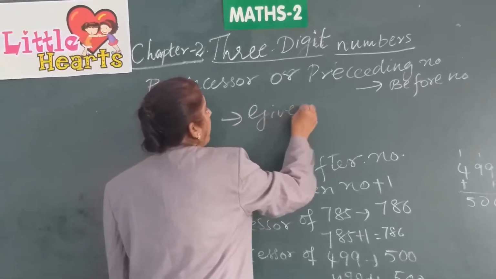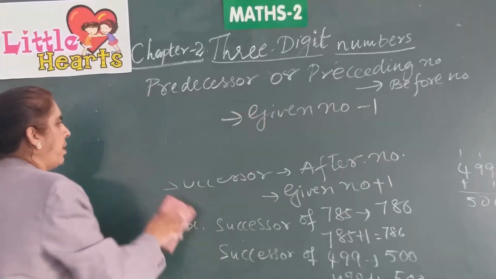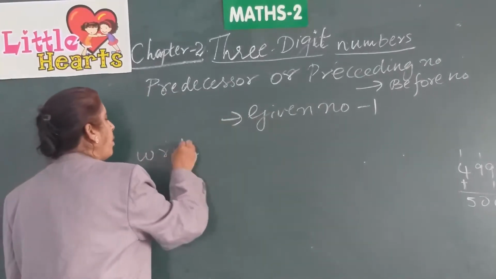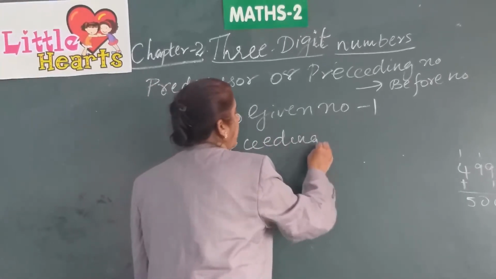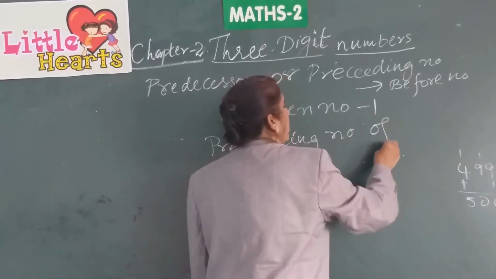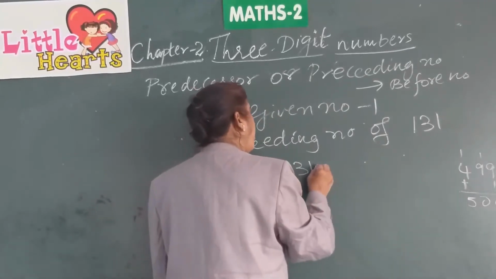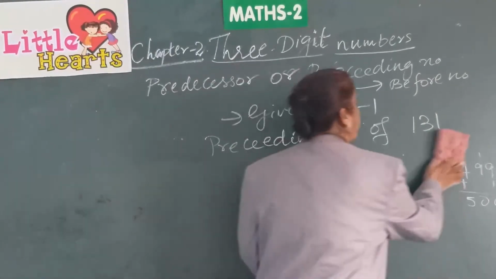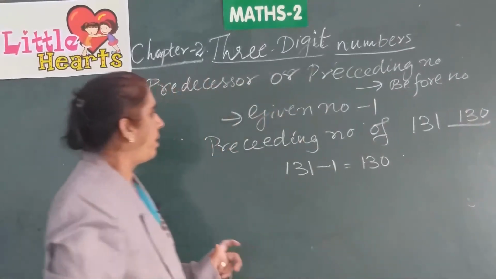Given number minus 1 gives you the preceding number. Write the preceding number of 131. How do you get it? 131 minus 1, that is 130.